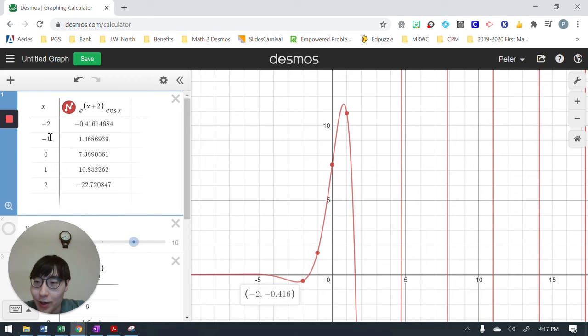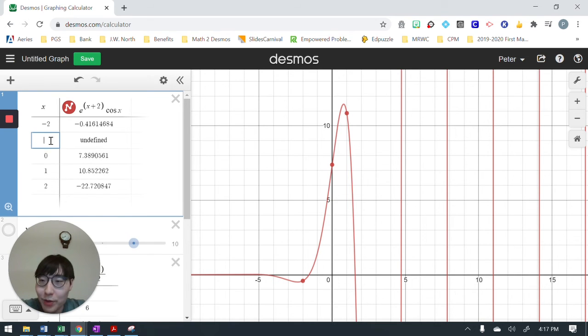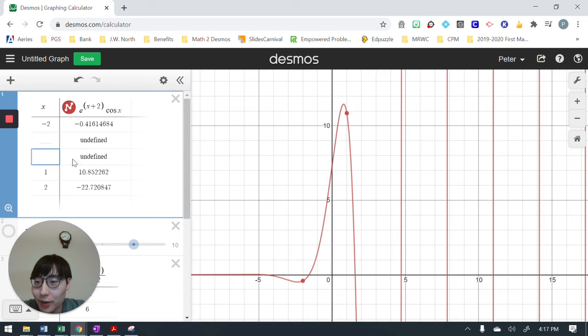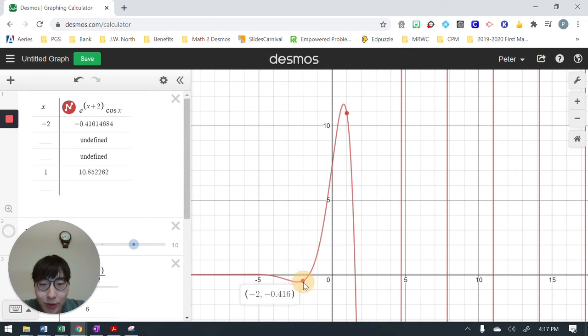Maybe I don't care about the other values, but what do I care about? I care about 1, right? So I'm talking about these two endpoints because we're talking about the interval from negative 2 to 1, right? And then you see that this increasing function only looks like it will cross 5 only once.